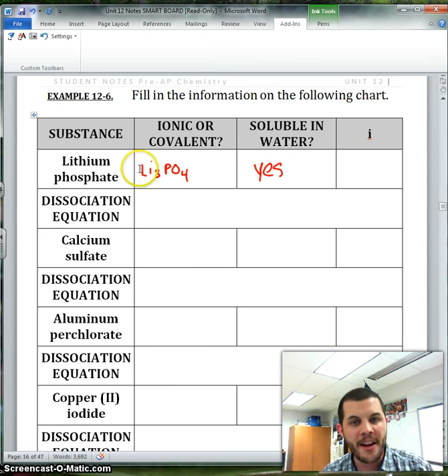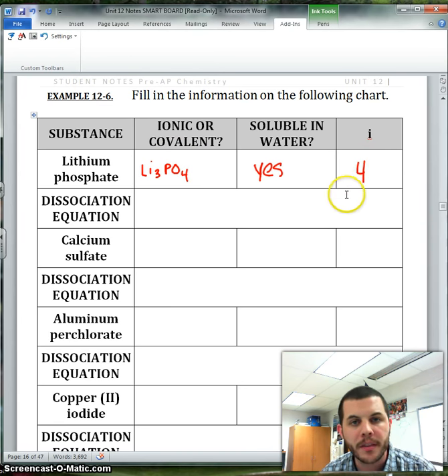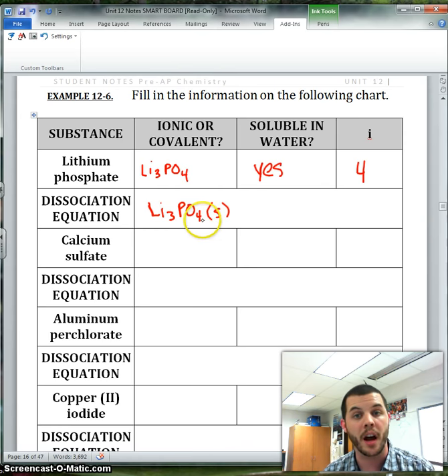Well, what's our I value? How many lithiums do we have? I have 3 lithiums right here, and I have 1 phosphate right here. So 3 plus 1 gives me an I value of 4. My dissociation equation would be Li3PO4, which starts off as a solid since it's an ionic compound.